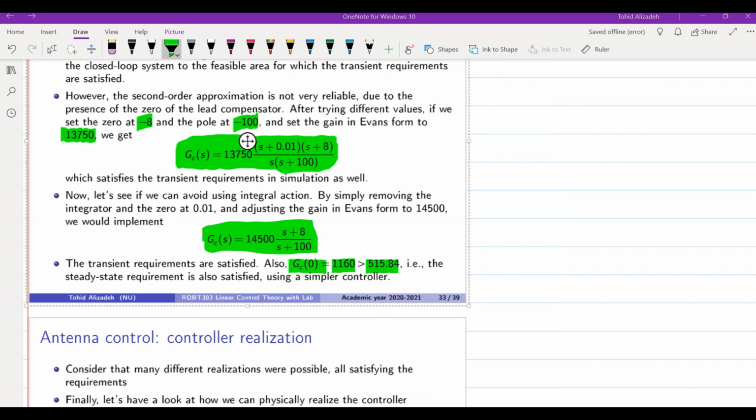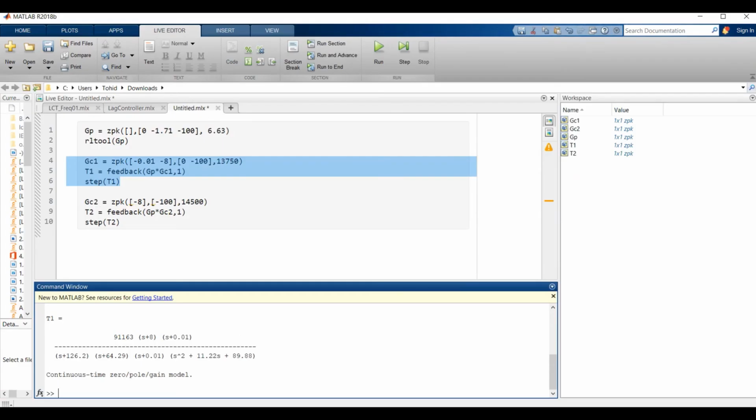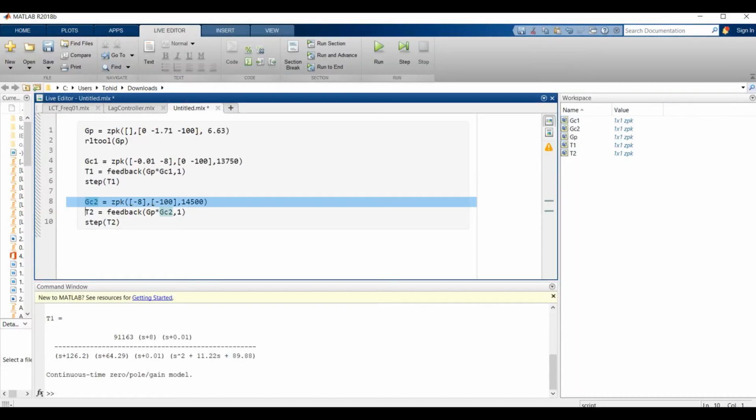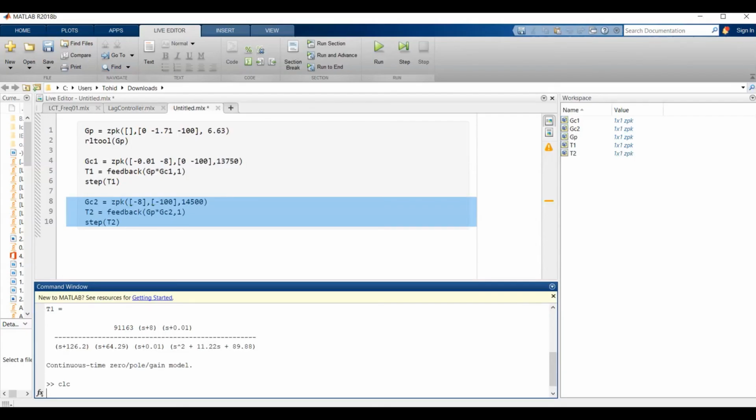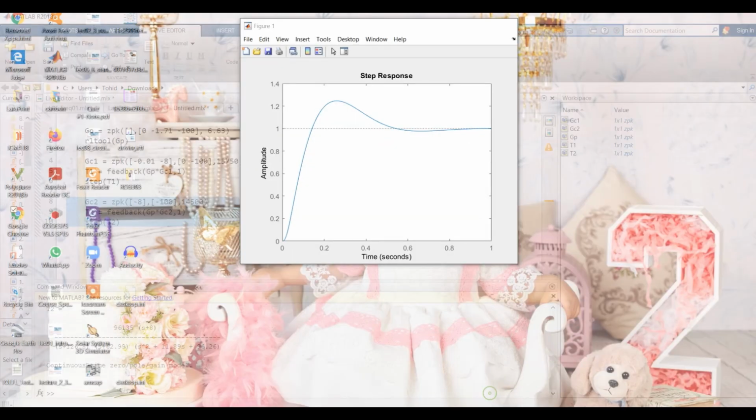And we can also check the transient requirements. Let's have a look at the step response this time.